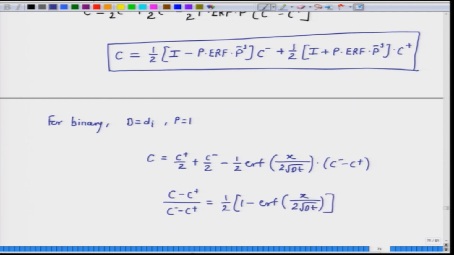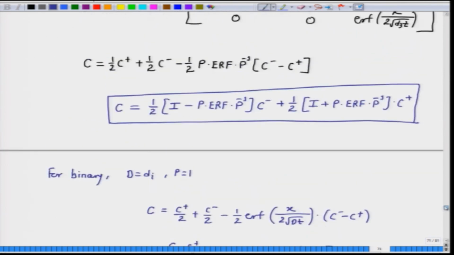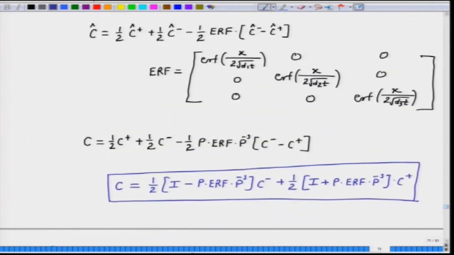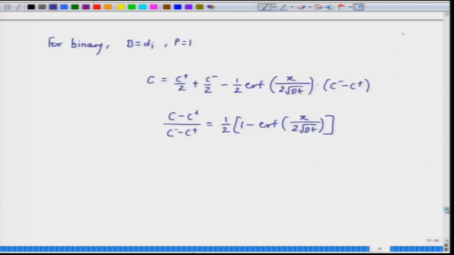Remember this matrix ERF here for binary will have only one term, that is error function x over 2 root Dt, where D is the binary diffusivity there. So, this can be verified for binary.